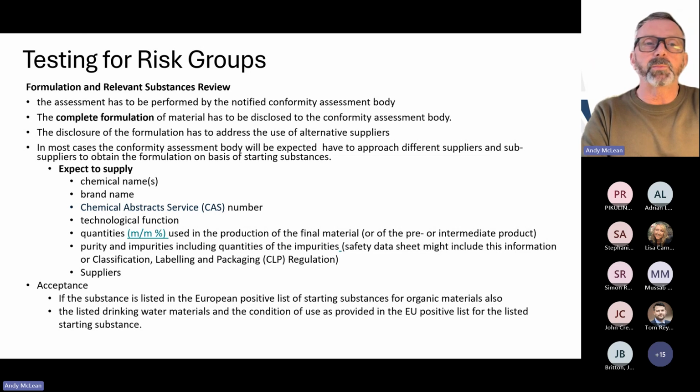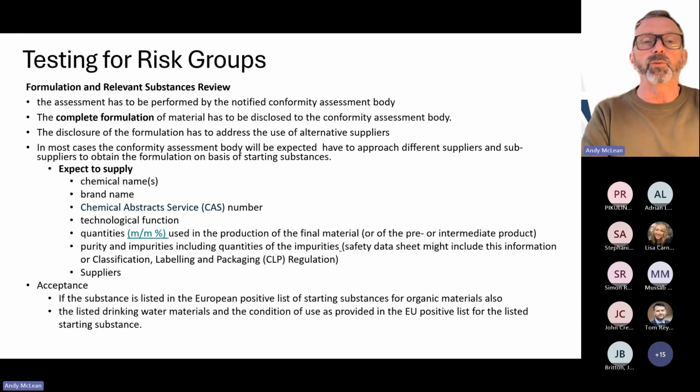So you should expect to supply chemical names, brand names, chemical abstract service number, CAS number, and the function or the technological function of the item that you're actually about. I mean, I know it's fairly simple. It's an O-ring.